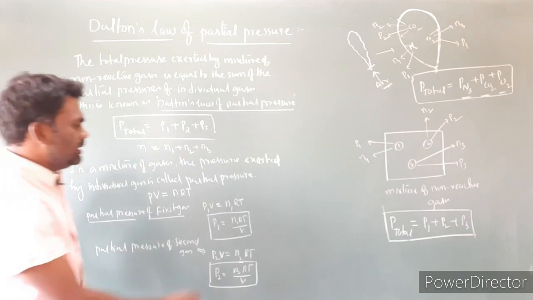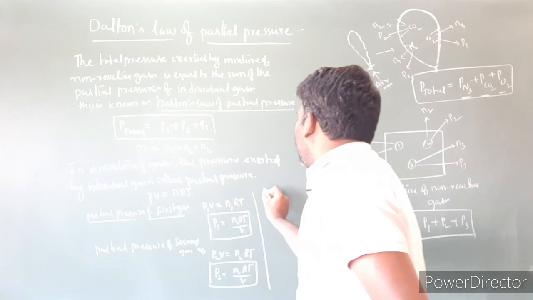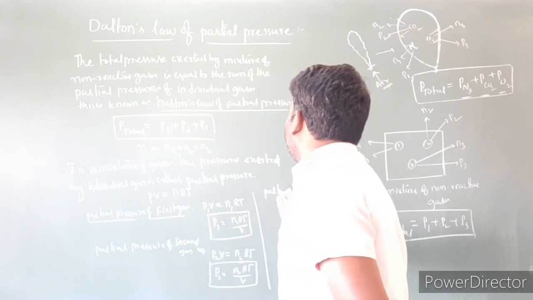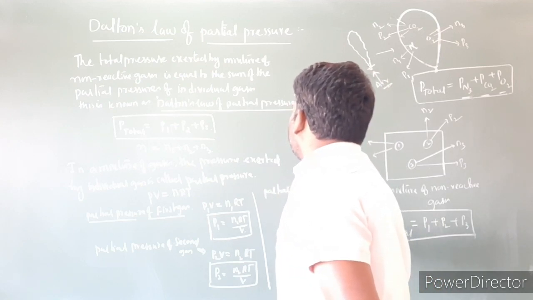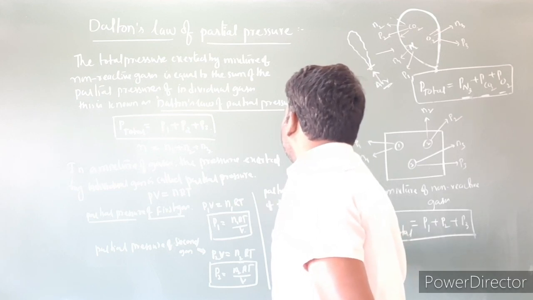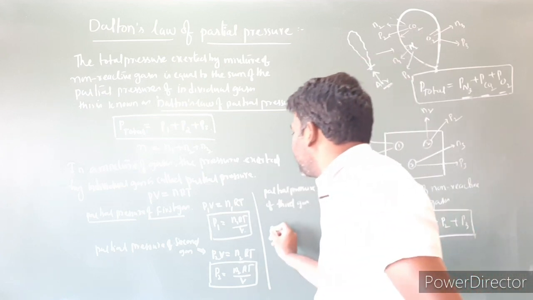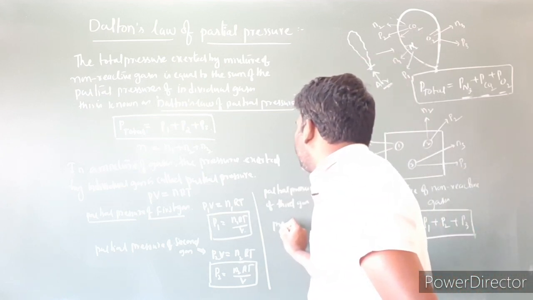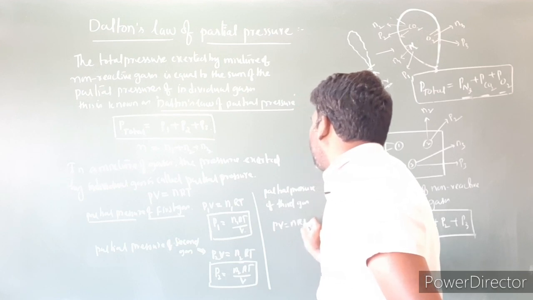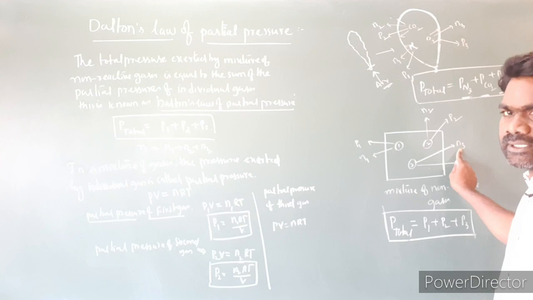Next, partial pressure of the third gas. How do we get the partial pressure of the third gas? Ideal gas equation PV is equal to nRT. So the partial pressure of the third gas is P3 and its number of moles is N3.